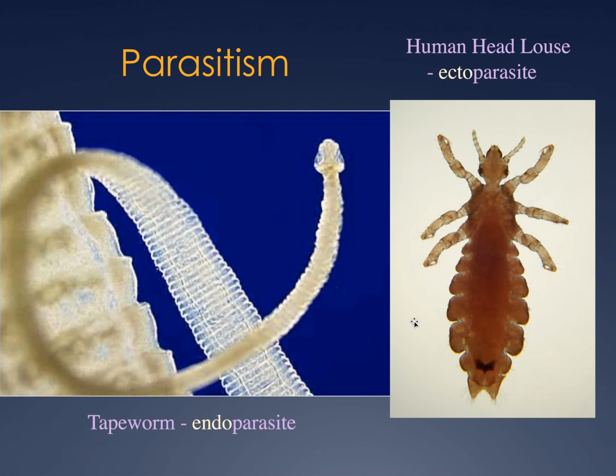All right, now how about win-lose, a type of symbiosis that's a win-lose relationship? Well, I hope you recognize what this critter is, and see if you can think of what phylum it was in. And if you guessed, or maybe knew, Platyhelminthes, you'd be correct. This is a tapeworm, and we looked at it within the phylum Platyhelminthes.